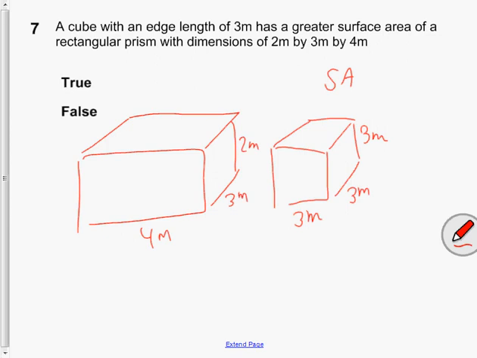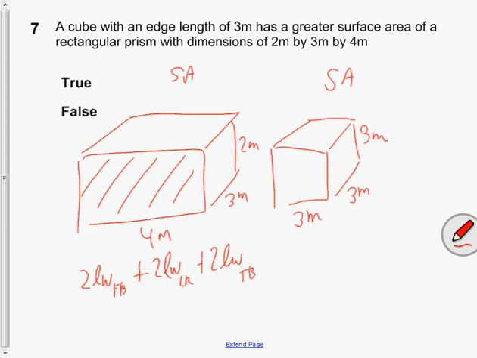So here we're going to use formulas. The surface area formula for a rectangular prism is the two rectangles that make up the front and the back, the two rectangles that make up the left and the right, and the two rectangles that make up the top and the bottom. The front rectangle is this one here, and it is a 4 by 2, so we have two of those.